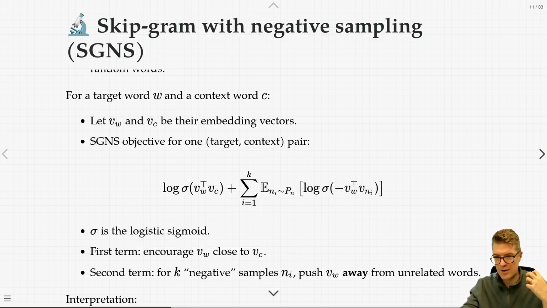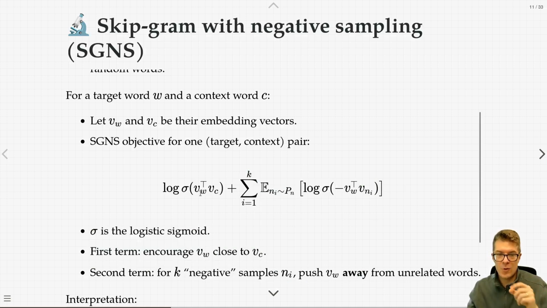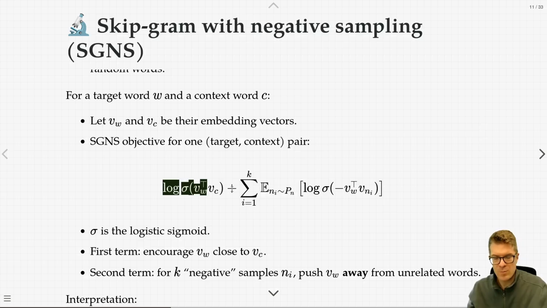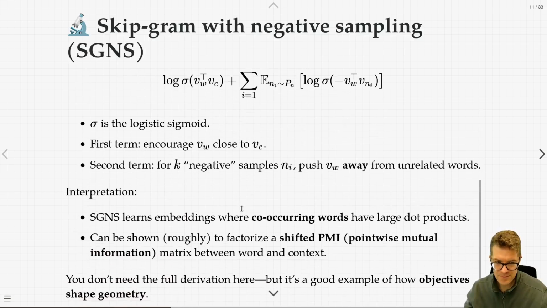So it'll push them apart because of this term, and because you want to encourage the embeddings of your target words W and your context words to be similar, this term is used for promoting that similarity. So a target word should be similar to the context in which it appears, but it should be very different from other random words that I might randomly put there as confounds or noise.